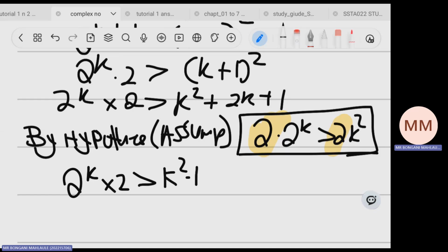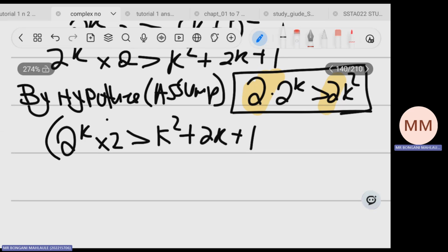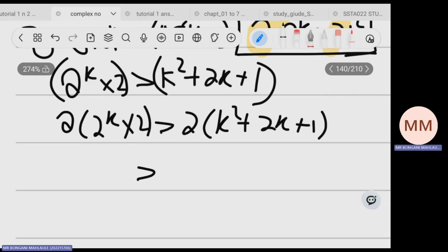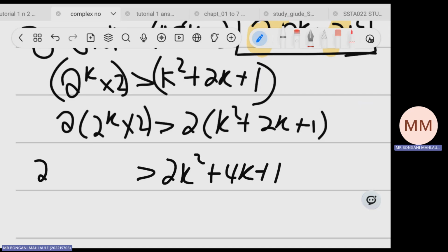We know that we're having this. So if I multiply both sides here by 2, this will be 2k squared plus 4k plus 1.